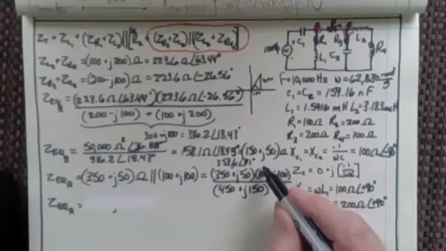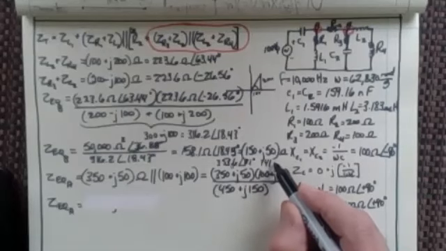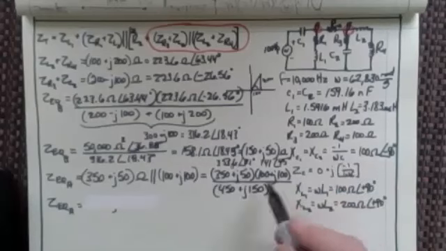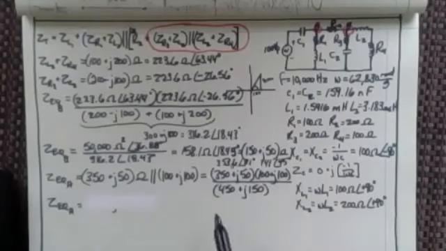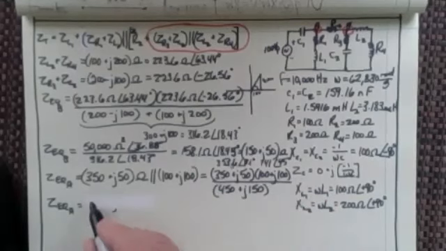And then 100 plus J100 is going to give me 141 at an angle of 45 degrees, right? And then 450 on the bottom plus 150, let's do that. 450 plus 150. And that gives me 474.